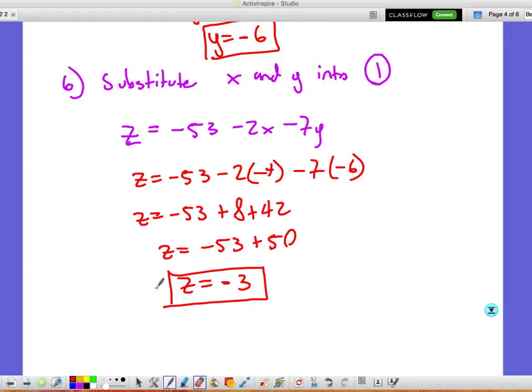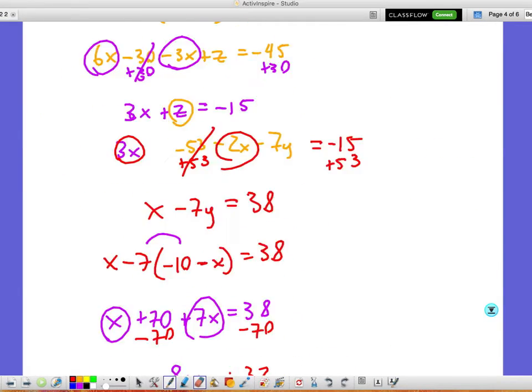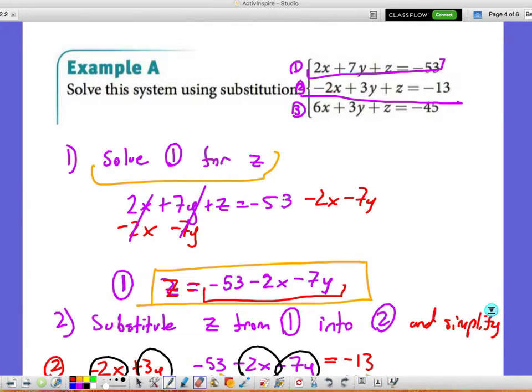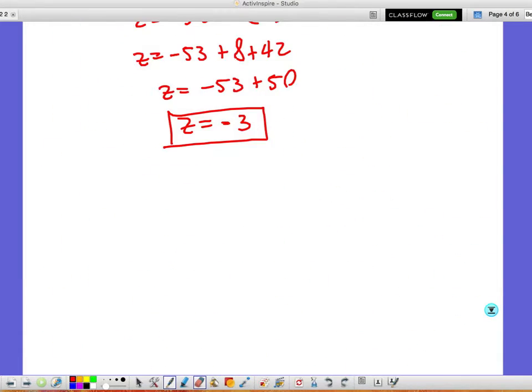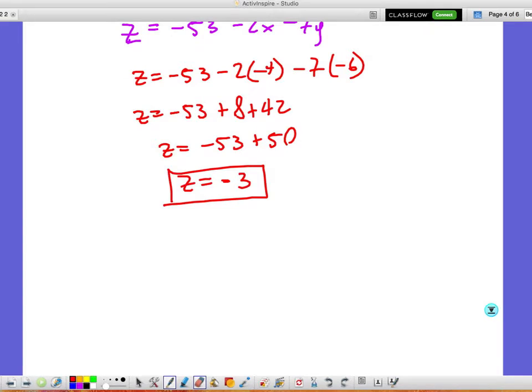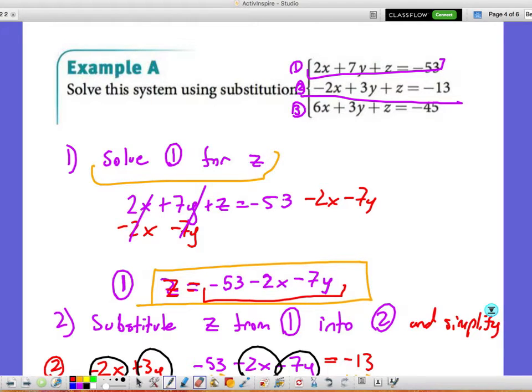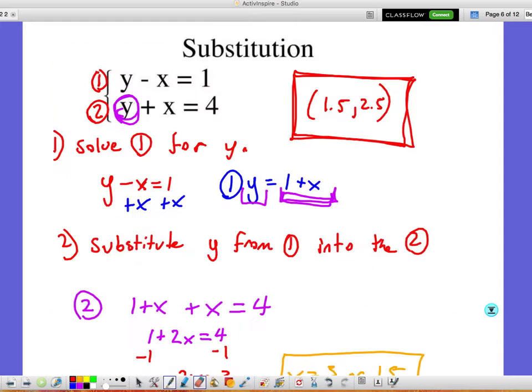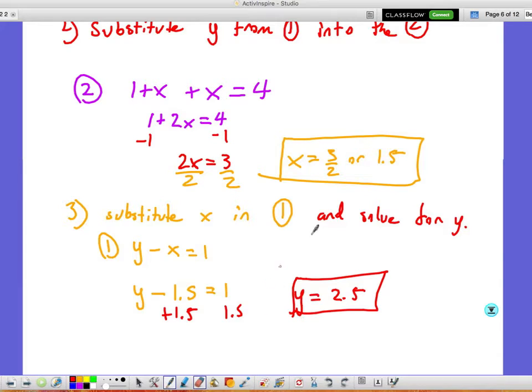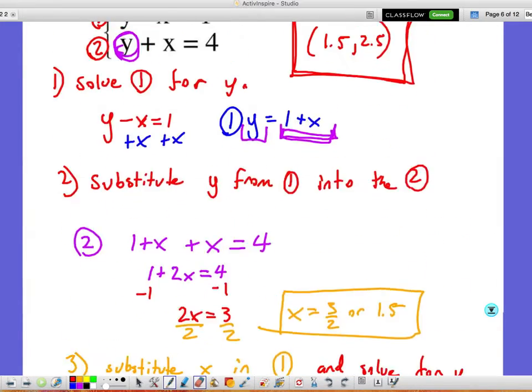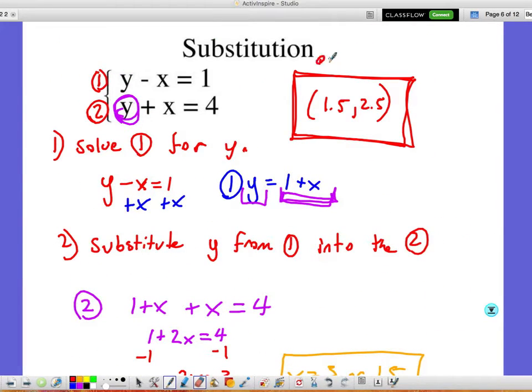We just solved this system right here, 3 linear equations with 3 variables, and finally we can write our answer. Now remember, when we solved a system of 2 linear equations with 2 variables, our answer was written in the form of an ordered pair.